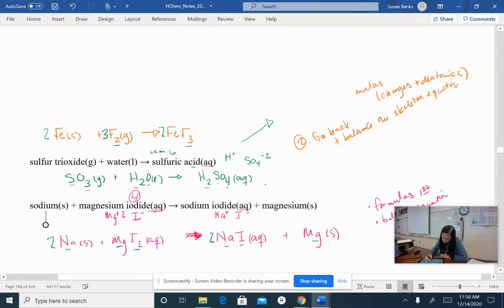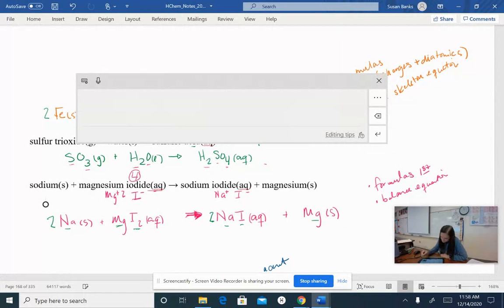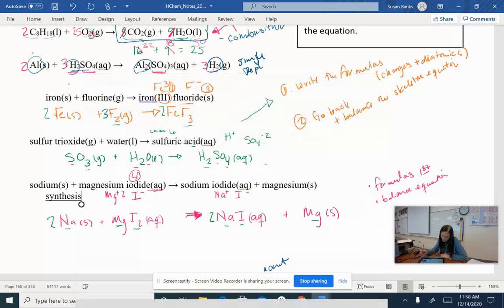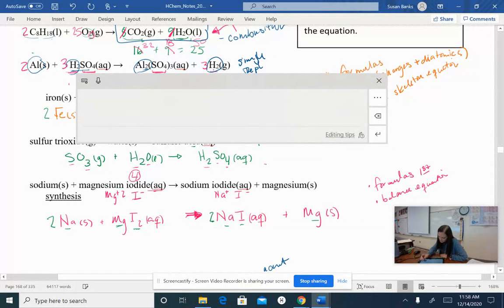So, synthesis, if it will let me write. So iron and iron fluoride synthesis. Synthesis on that one. All right? And then, let's see, sulfur trioxide and water getting together to make sulfuric acid, that is also a synthesis.